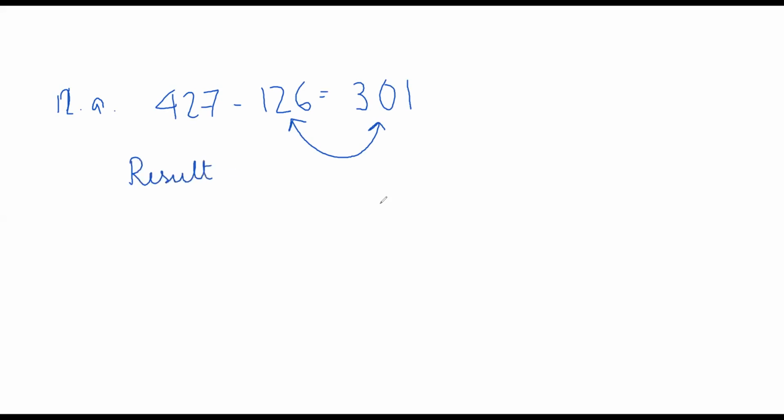12a, I am doing 427 minus 126 equals how much? 301. So after that, we add these two numbers. Here we write the result plus the smaller number equals the larger whole number.